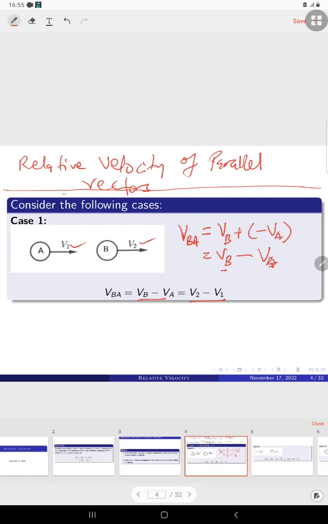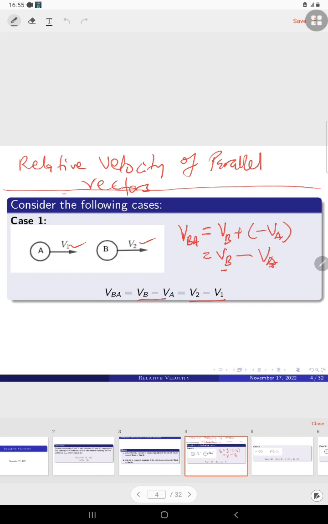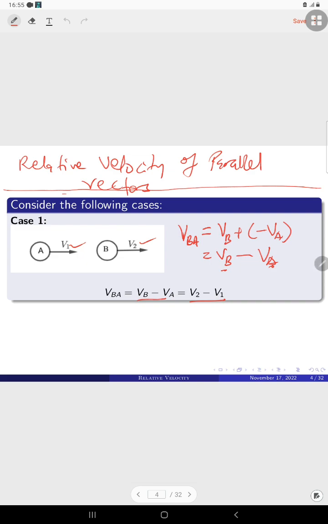Good. Let us look at another case. Why did I do this? I did it because here they are moving due east, and if they are moving due east, it is positive. So nothing happens to the conventional sign. The only thing that changes is the formula. The minus here is already in the formula for VBA.